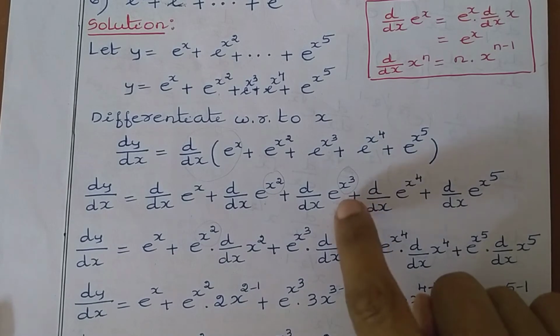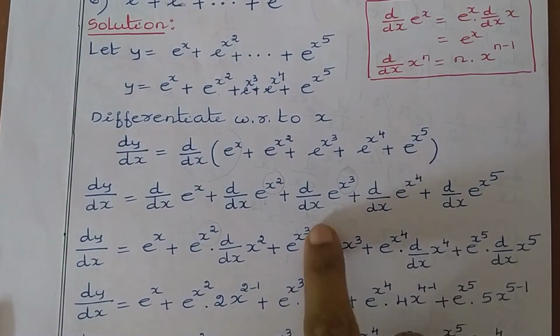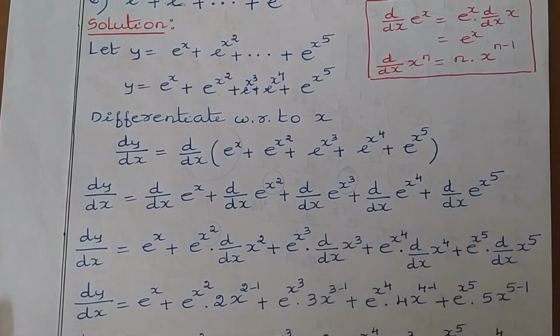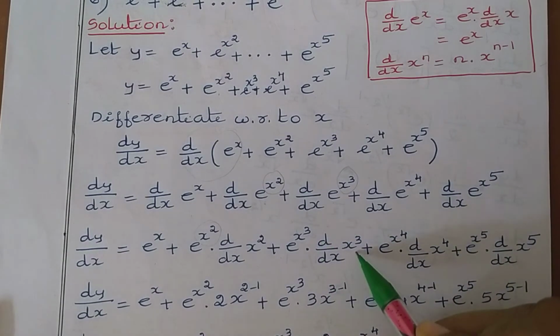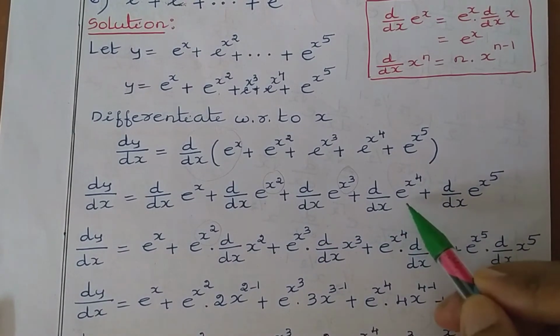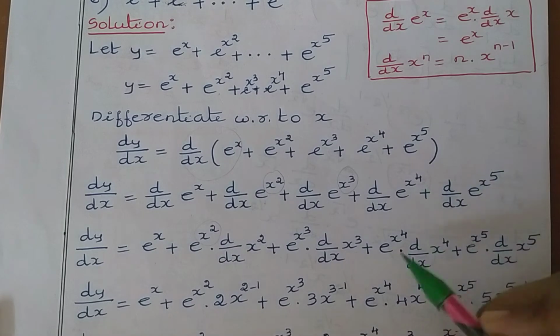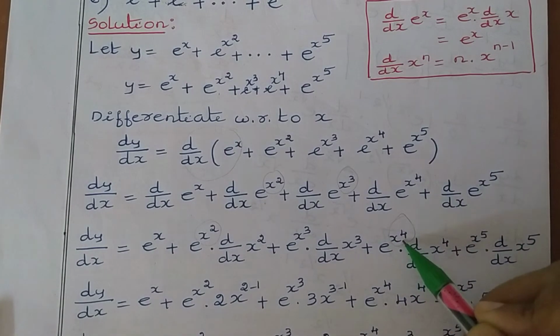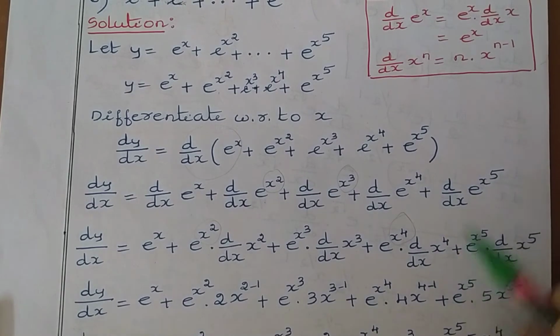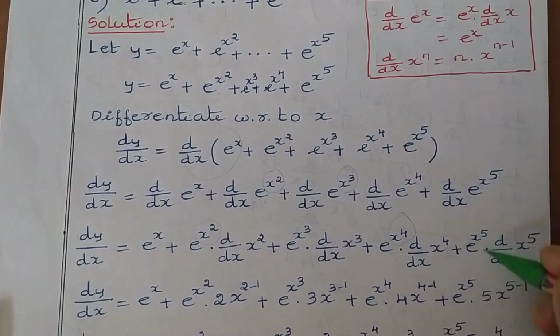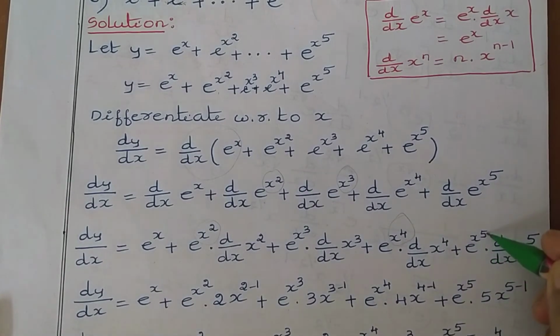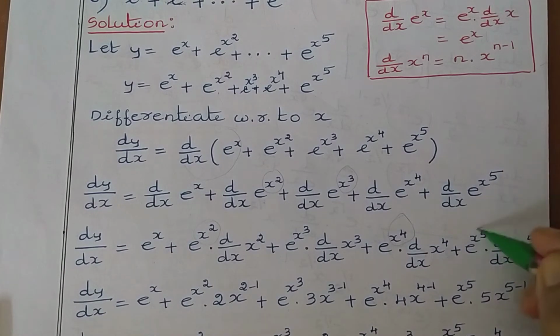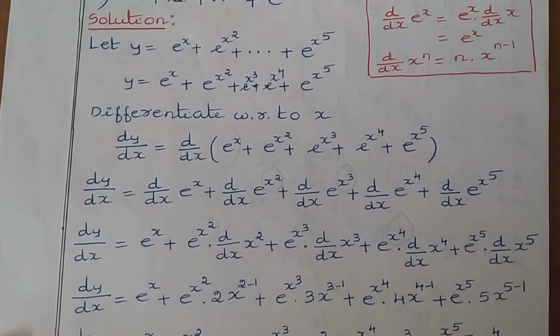The derivative of this is e to the power x cube. Again, apply the chain rule to this x cube. Derivative of e to the power x to the power 4 is e to the power x to the power 4. Apply the chain rule to x to the power 4. Again, for this we get e to the power x to the power 5. Apply the chain rule to x to the power 5.